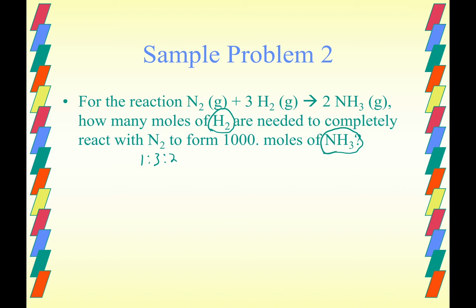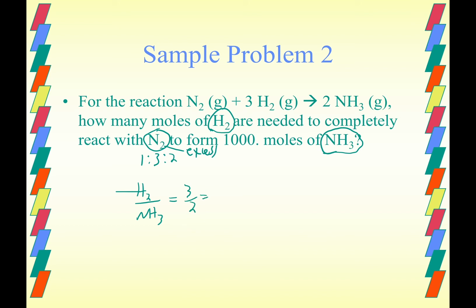The N2 is in excess, because we're going to use up all the H2. So what we want to do is look at the ratio of H2 to NH3. H2 to NH3 is a 3 to 2 ratio.